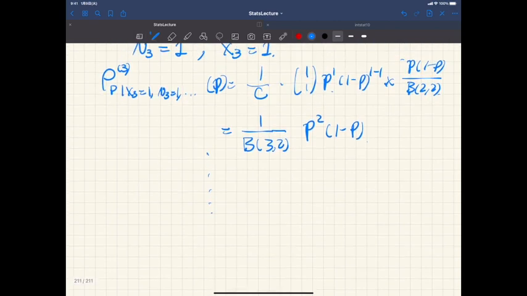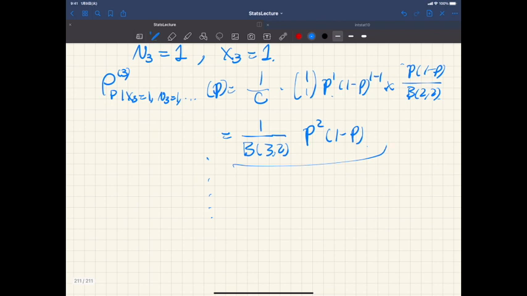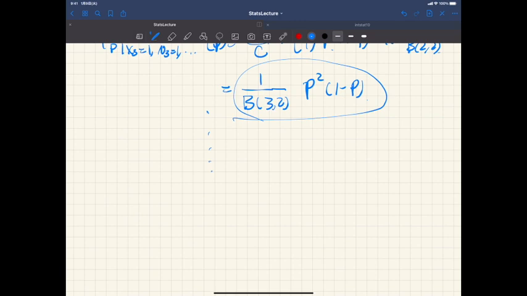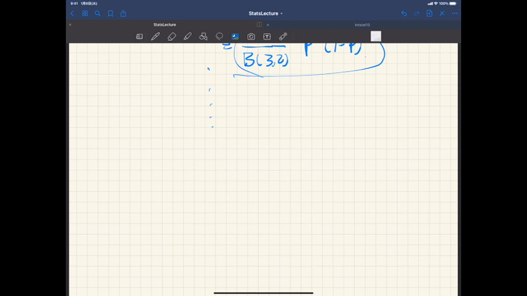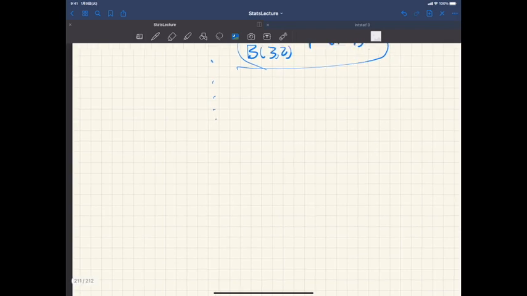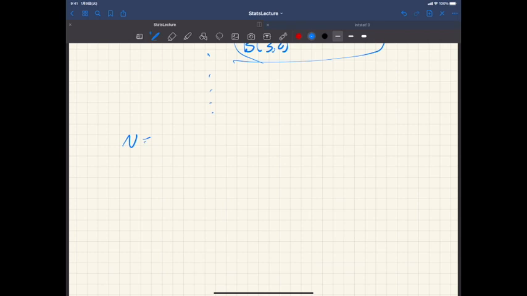So for the next experiment, we use this as a prior and we get another posterior with a new piece of information, and we can continue this on and on. So suppose we keep flipping a coin over and over, and after 100 flips, suppose we got 52 heads and 48 tails.